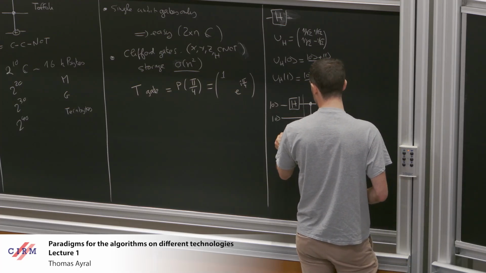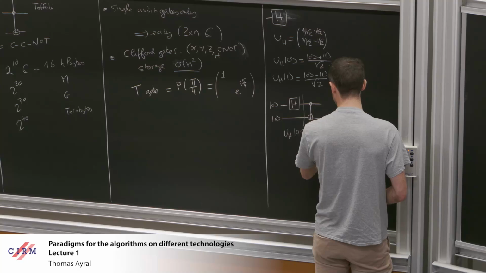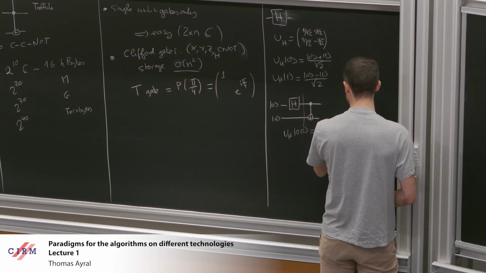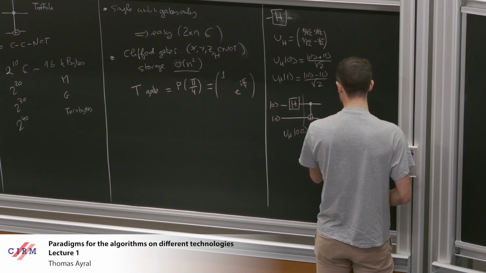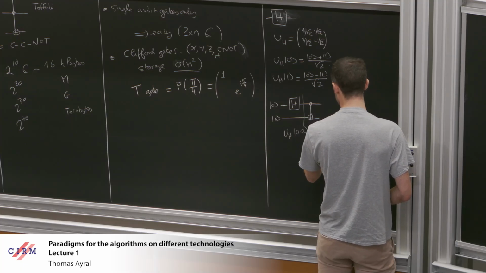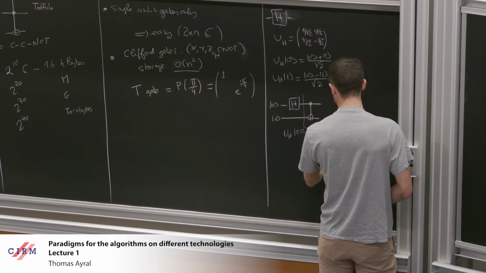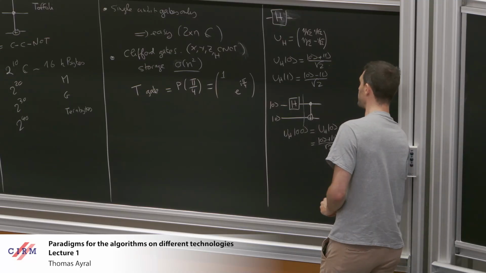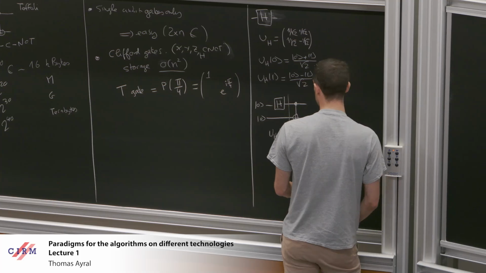And since it's the first we are looking at together, we can do it together. So let's look at what I do if I do UH applied to 0, 0. If I decompose carefully, it means I apply UH to first state 0, tensor 0. I leave the other one alone. So I get 0 plus 1 over square root 2 times 0. That's the first step. So after the first gate, that's the state I get.